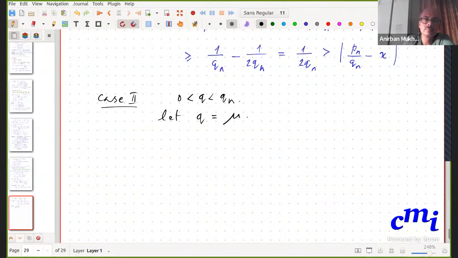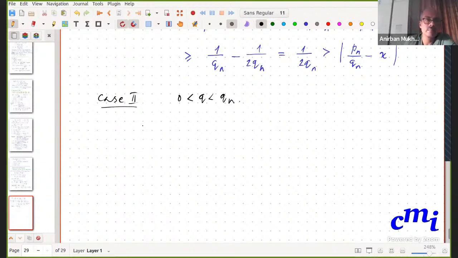mu. So this is the case. We know that the denominators of the convergents, the Qn's, form a strictly increasing sequence.